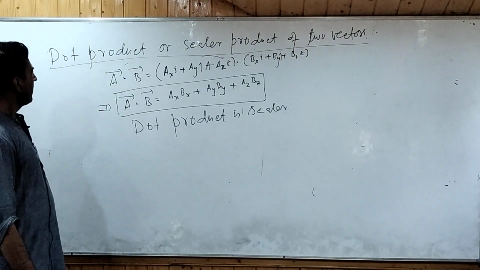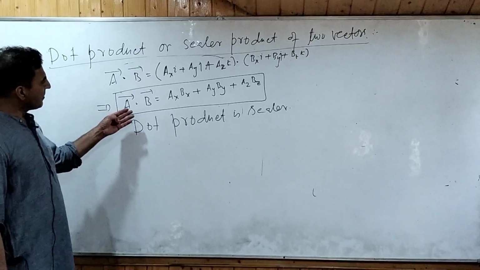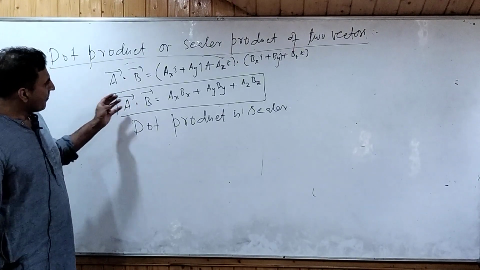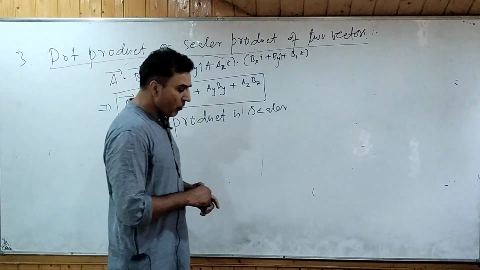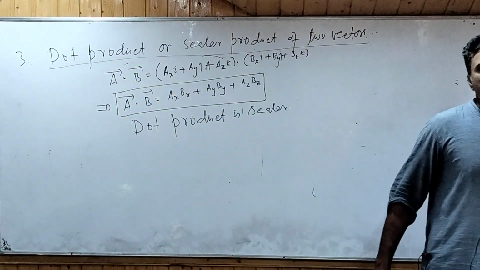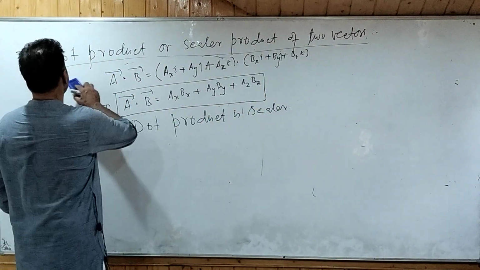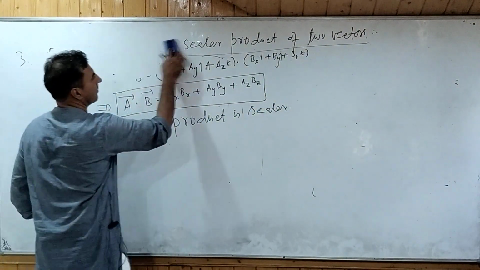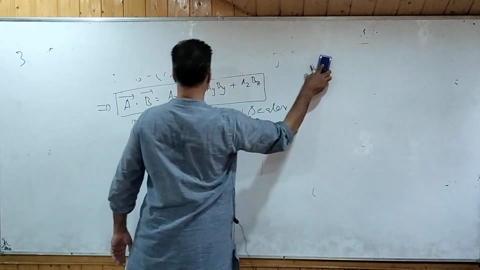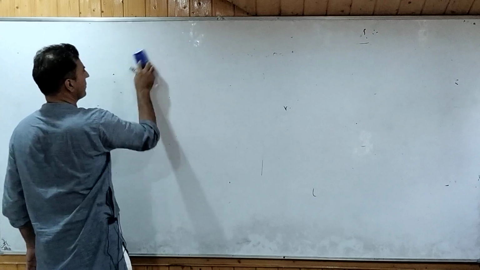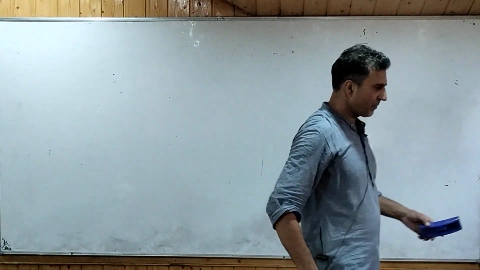Okay. Now let me give you a few examples of this, how to find dot product when vectors are given, very quickly if we are able to do this. Let me do a few examples, not more, a few. Fourth, let me go to the point number 4.